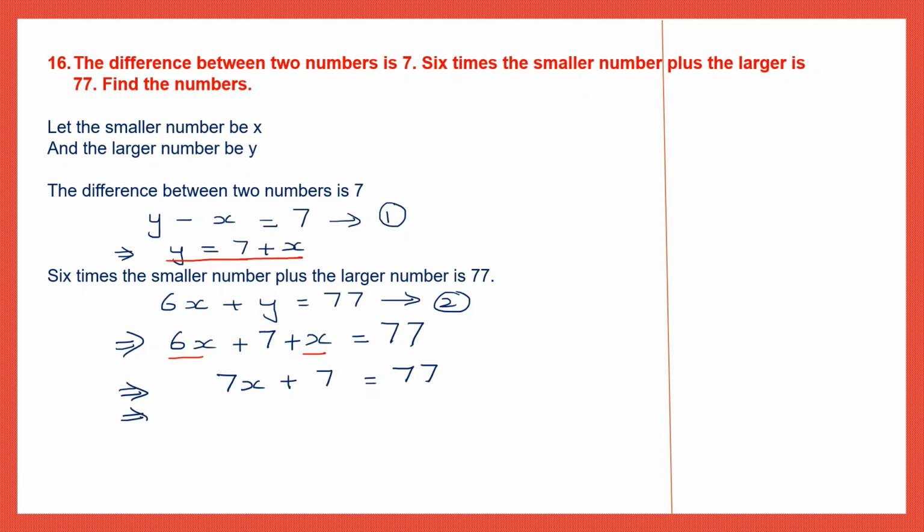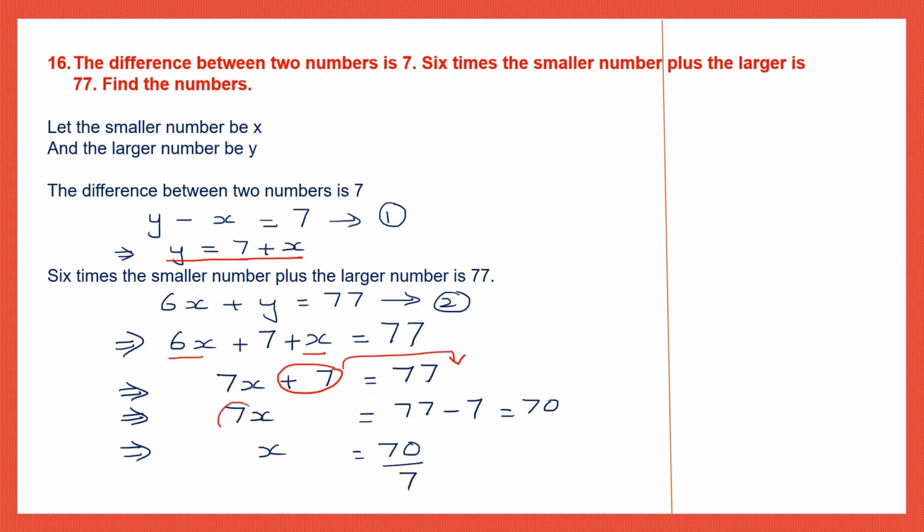So now we can find the value of 7x. That will be 77 minus 7 because we have transposed this plus 7 to the right hand side. It's become minus 7. So 77 minus 7 is 70. So if 7x is 70, x will be 70 divided by 7.